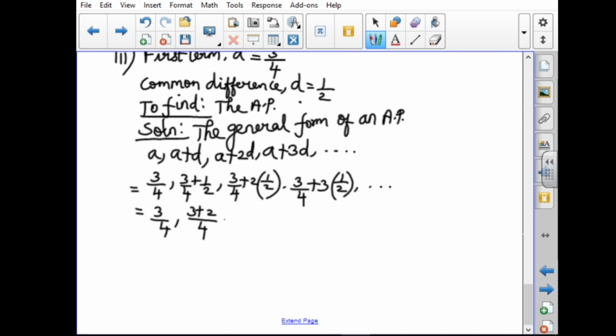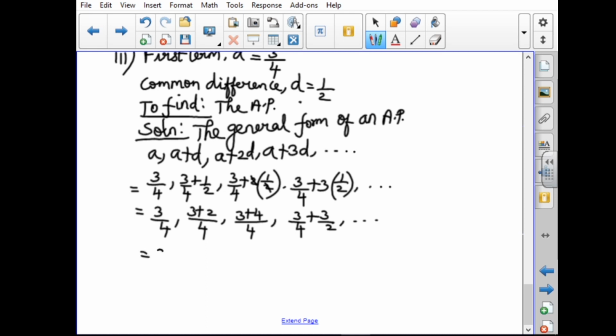Next, take 4 as LCM, we have 3 plus 4. Here we cannot cancel, so we can write it as 3 by 4 plus 3 by 2.